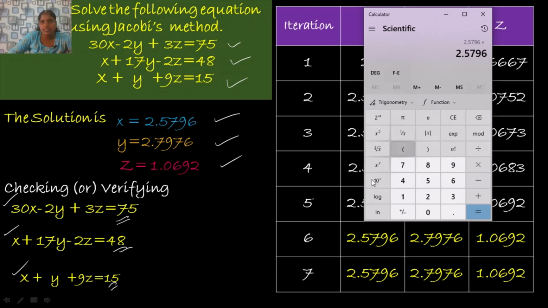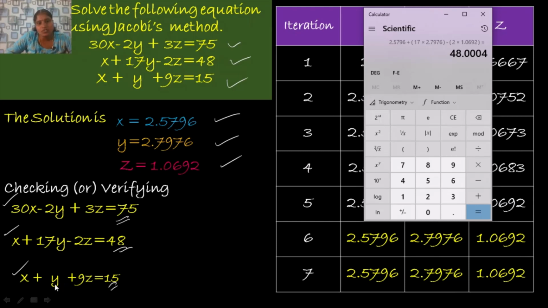So within parenthesis, 17 product y value is 2.7976, close the parenthesis, minus 2 product z value is 1.0692, close the parenthesis, which equals 48.004. So on the right hand side you have 48. So you have to take up to 4 decimal places. So your answer coincides with this, isn't it?